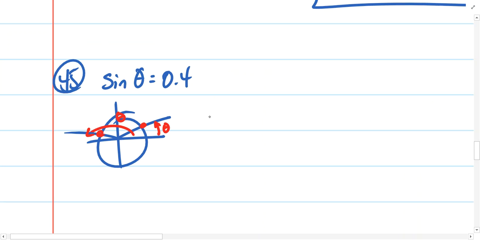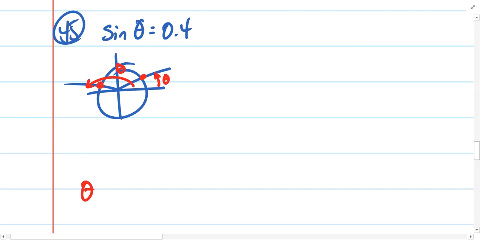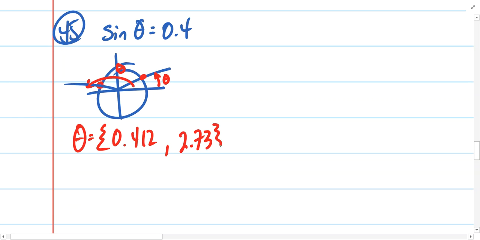0.412, so we can say that theta is equal to 0.412, and we can also say that theta is equal to 2.73.